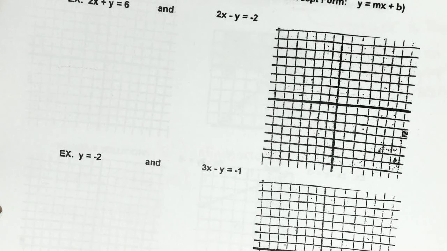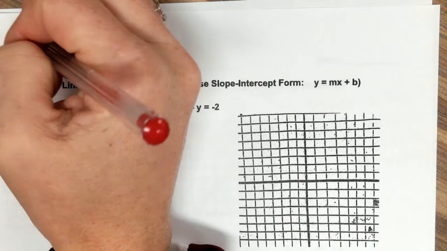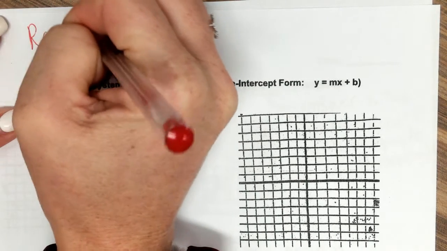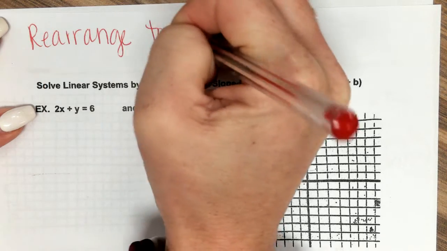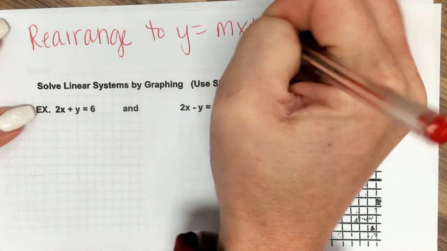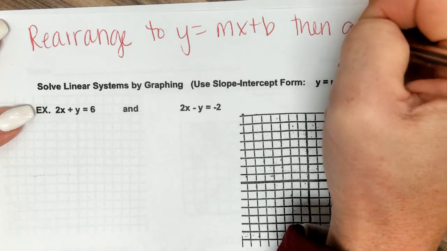Okay, now we're going to solve them by graphing. So the first thing you need to do is rearrange to y equals mx plus b, then graph.